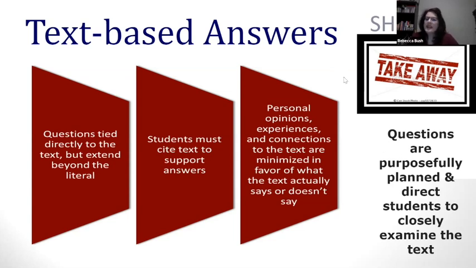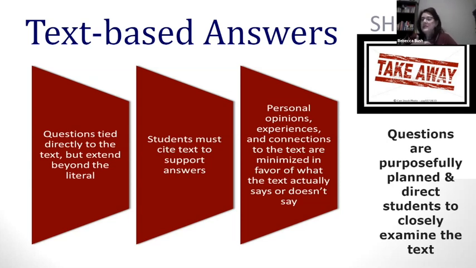However, we're really getting away from the look back and locate the answer type of process, right? So we need students to be thinking about, yes, there are questions that are tied directly to the text or texts, and we have to use those texts in order to cite our answers. And from those citations really comes the evidence for making those claims that we choose to make in our writing.